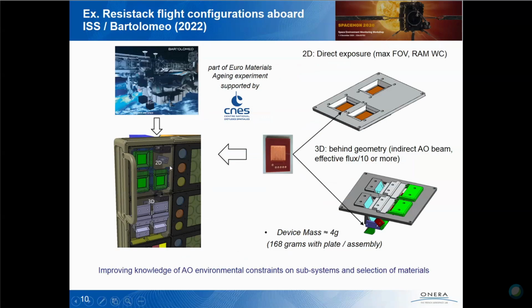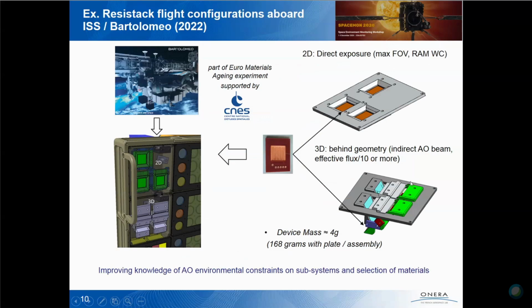As you can see here, there are two configurations, 2D and 3D. 2D will allow a direct exposure of the detector, which will be positioned in RAM, with the maximum field of view.